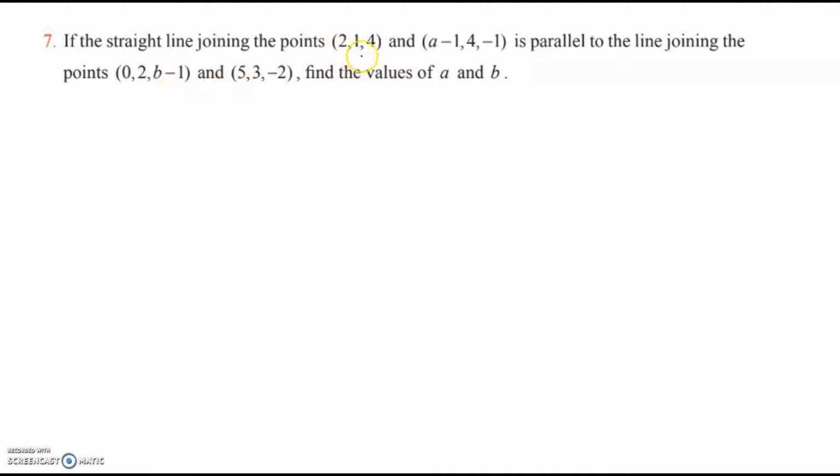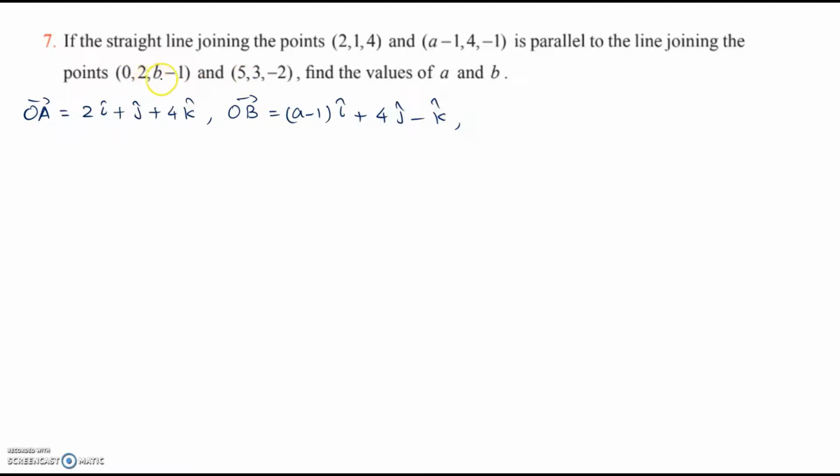So if we consider this point as A and let's define vectors, OA is equal to 2 i cap plus j cap plus 4 k cap, and let's define this point as B and say OB is equal to a minus 1 i cap plus 4 j cap minus k cap.